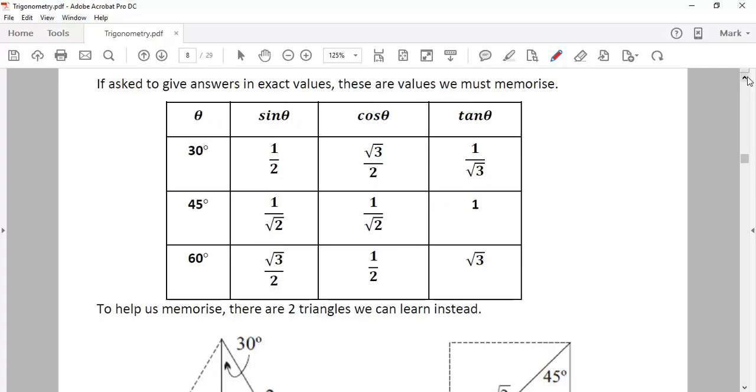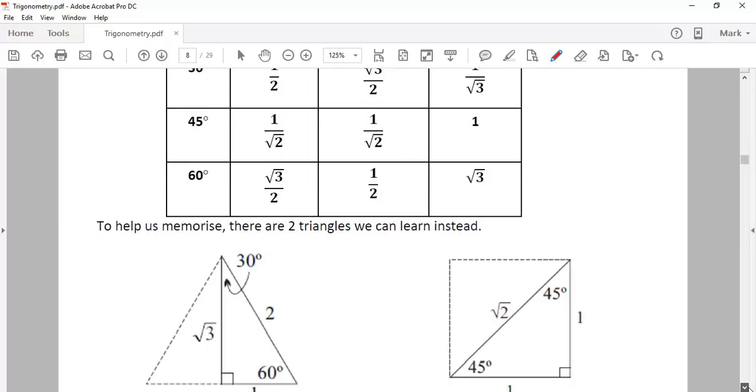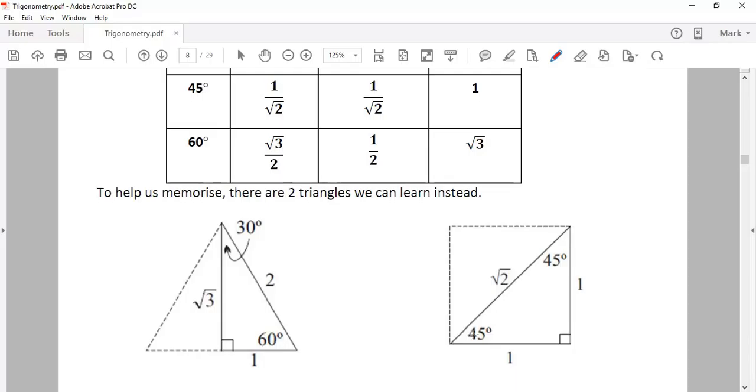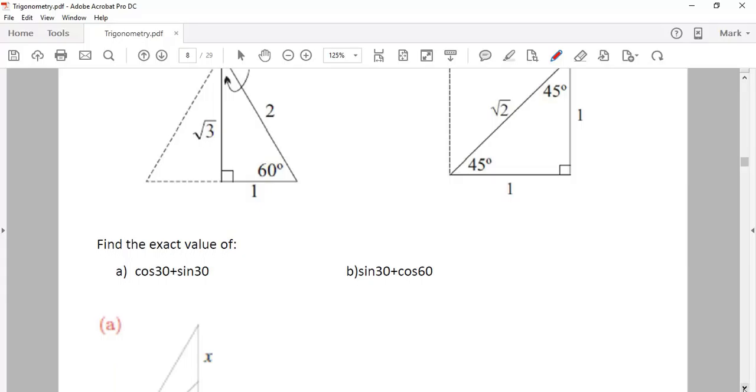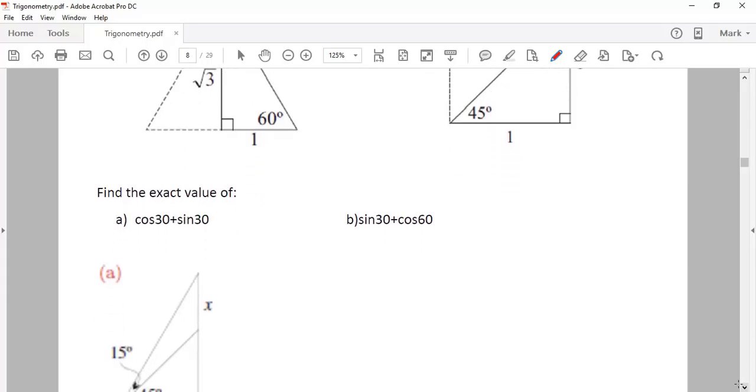So if you notice, sine theta equals 1 over root 2. If you go to the triangle, sine theta is opposite over hypotenuse, so 1 over root 2. It works for all the angles that you need to know. So this one: find the exact value of cos 30 plus sine 30.